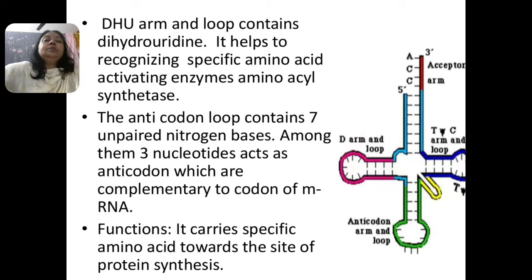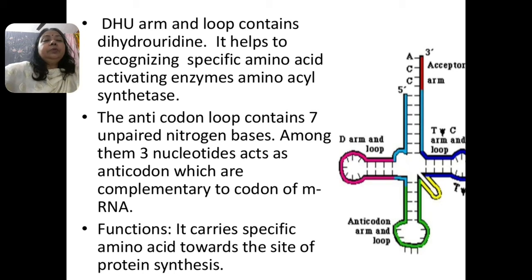Now, what is the role of the DHU arm? The DHU arm and loop contain dihydrouridine. It helps in recognizing the specific amino acid activating enzyme, aminoacyl synthetase. That enzyme is responsible for activating that specific amino acid. So this region is going to be recognized by the enzyme.